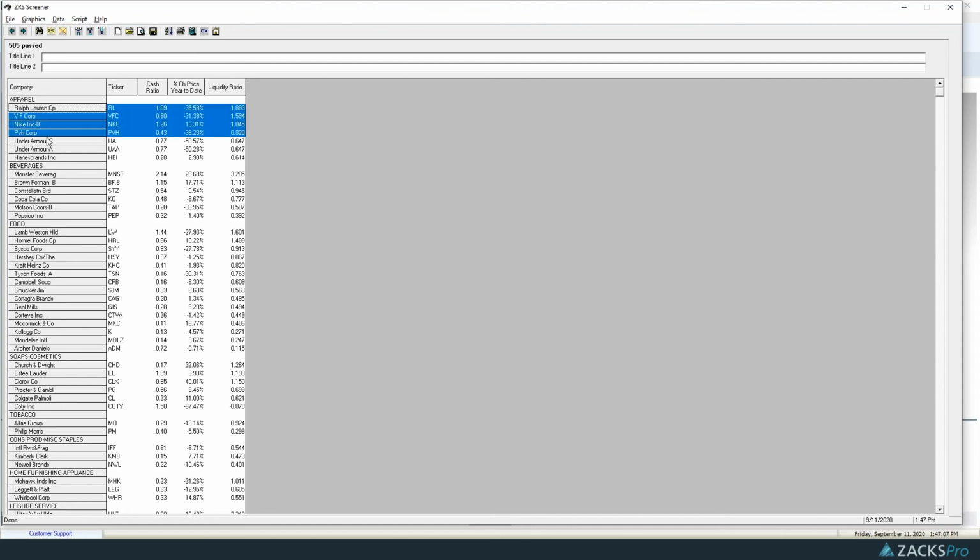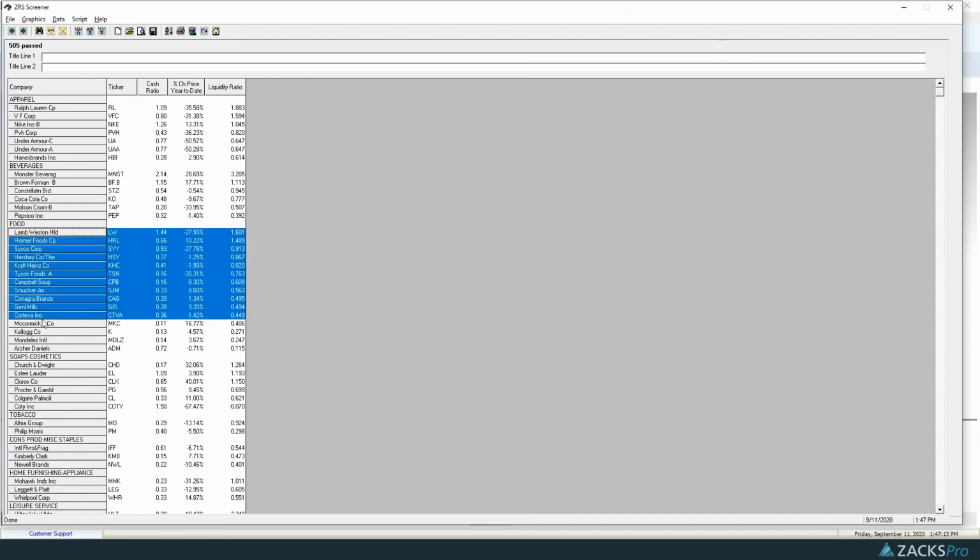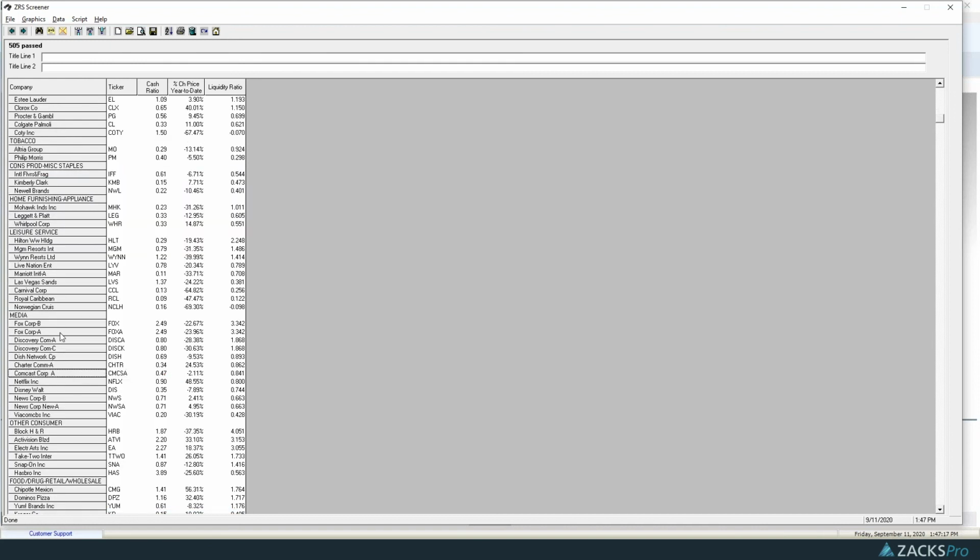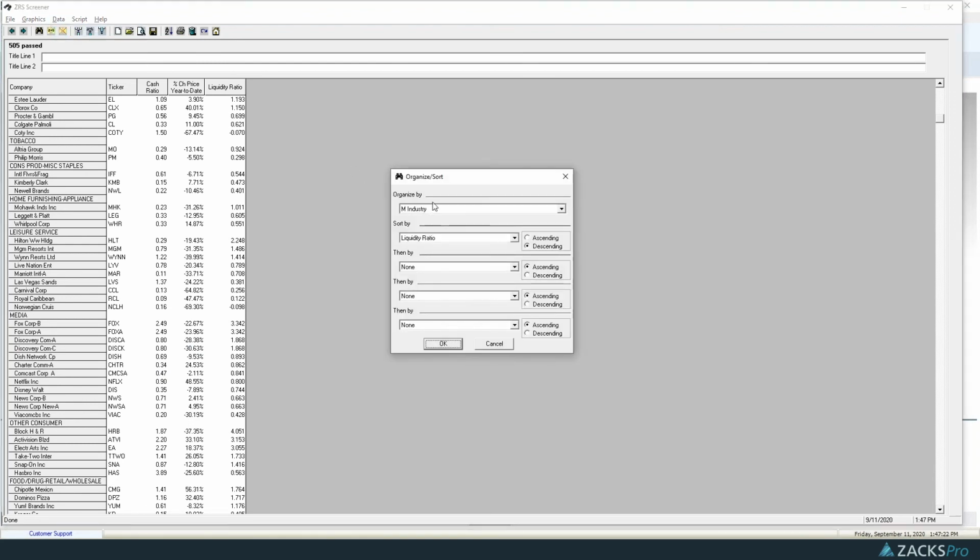So you can see within, for example, apparel, who has the best liquidity and who has the worst liquidity. Or within food companies, organized by that. Within other industries, you can see that here. Or if you wanted to go a little bit broader, you can do it by sector rather than by industry group.